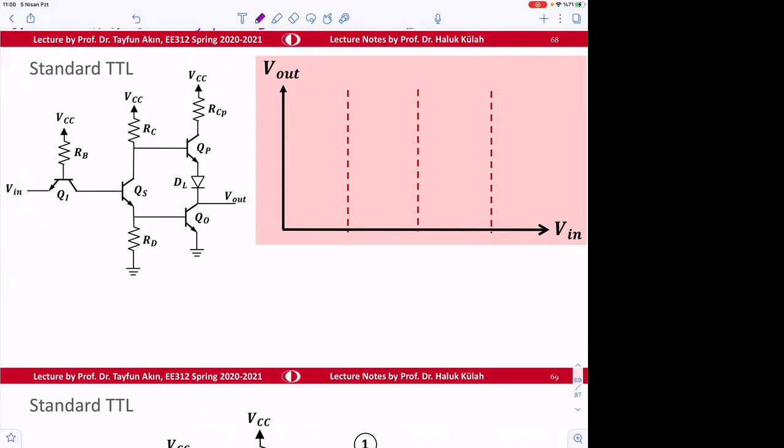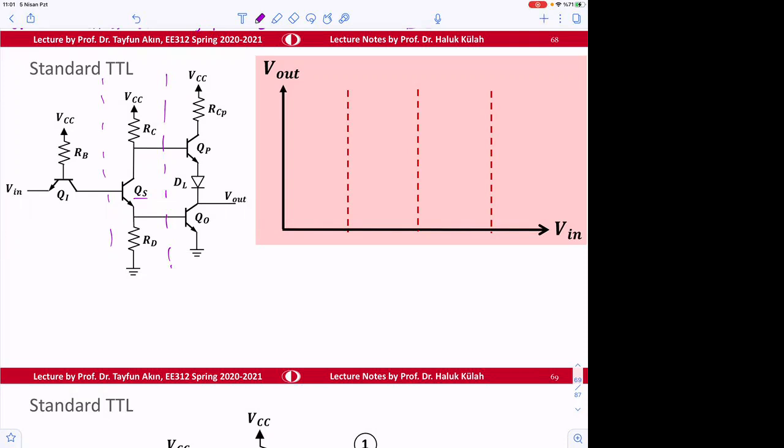This stage is kind of inserted in between, and that's called the splitter, I guess. So the transistor is called QS. And now this is going to, in fact, give us a nicer voltage transfer function.